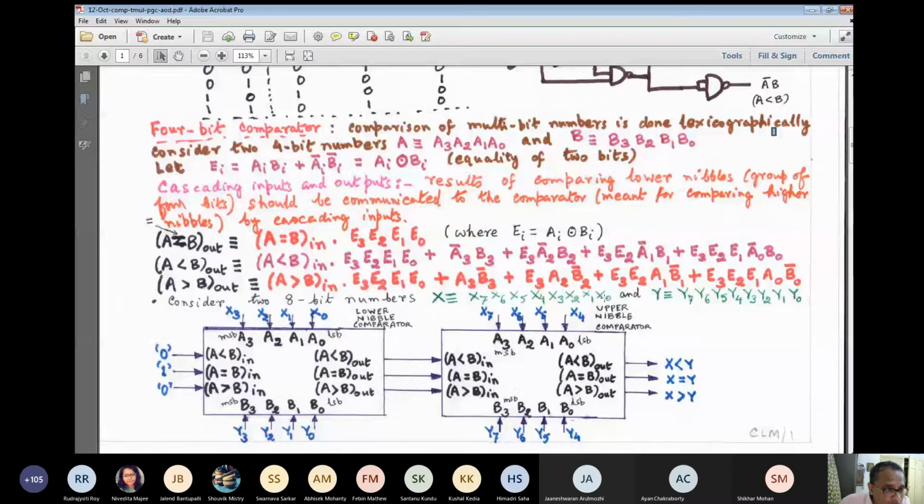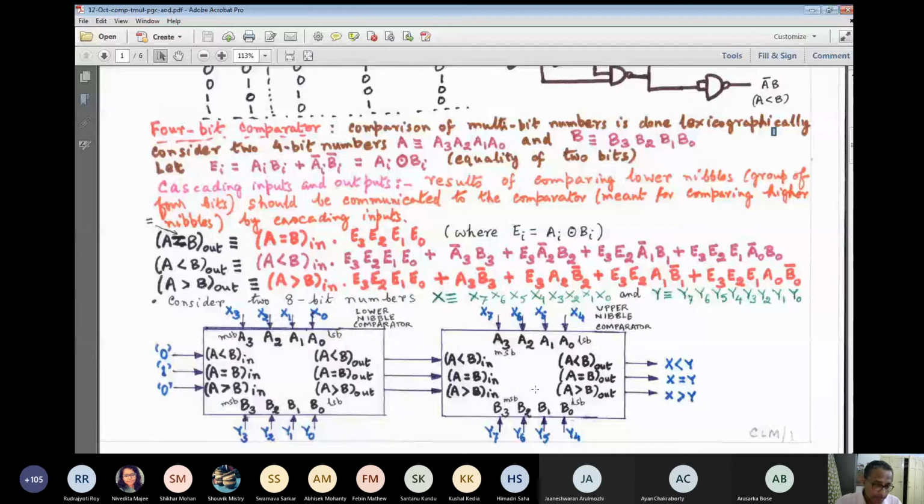Anyone? It operates on the lower bits and the other one operates on the higher bits. Very good. So the lower significant nibbles are compared here, the upper significant nibbles are compared here, and the information regarding the comparison of the lower nibble is propagated to the immediately higher upper nibble comparator.